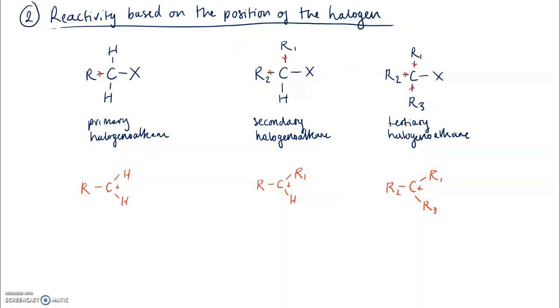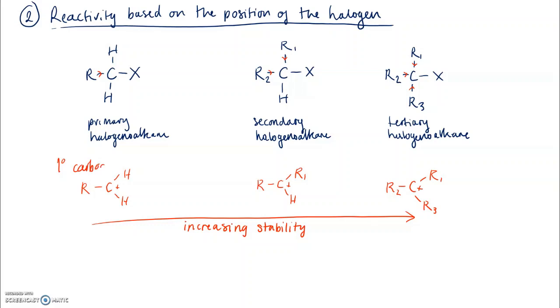Okay, now the pattern, of course, is that you have increasing stability as you go from a primary carbocation to your tertiary carbocation.